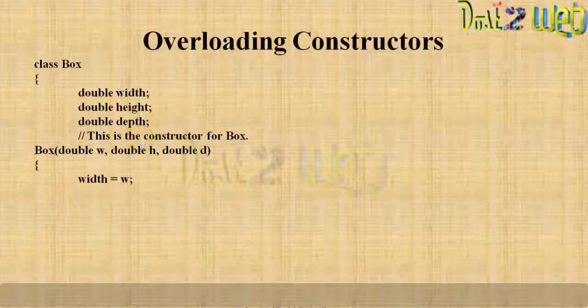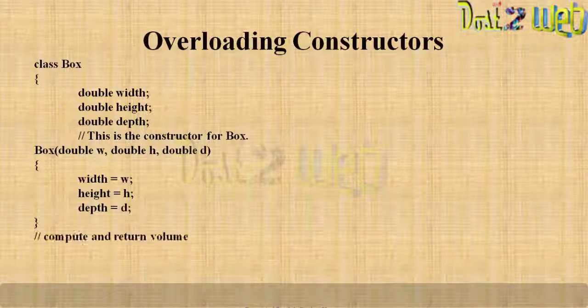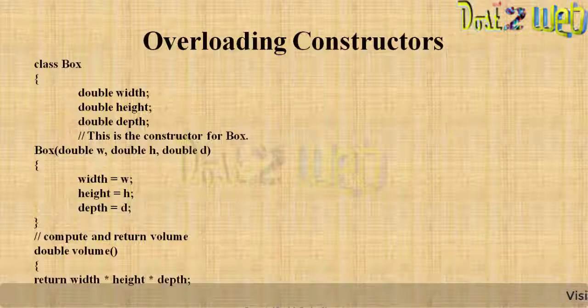In a similar way, you use the reference: width is equal to w, height is equal to h. Then you use a different method, double volume, where you are going to calculate the volume.